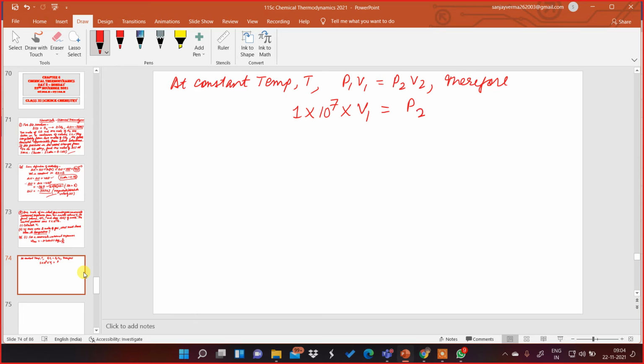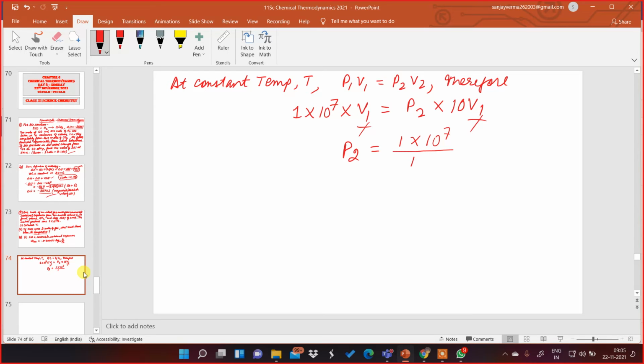Pressure 2 we don't know, and we write volume 2 as 10 V1. See, 10 V1. Now, don't you think this volume 1 will cancel? We'll have 10 over there. So I can write over here pressure 2 is equal to 1 into 10 to the power of 7 divided by 10.